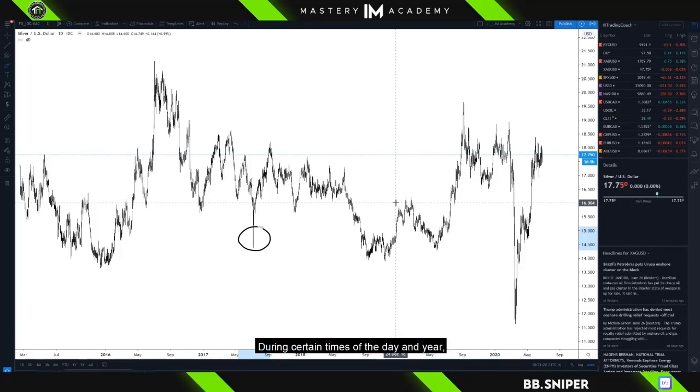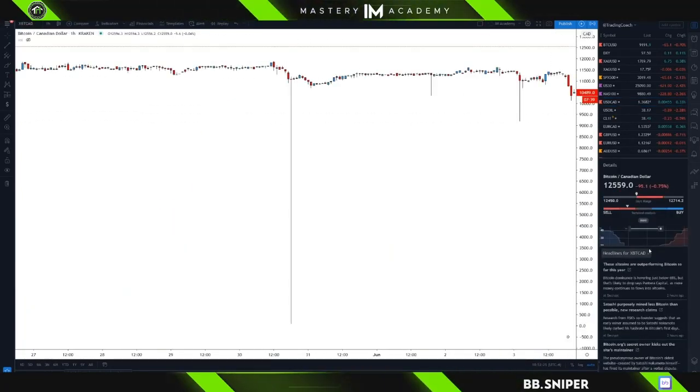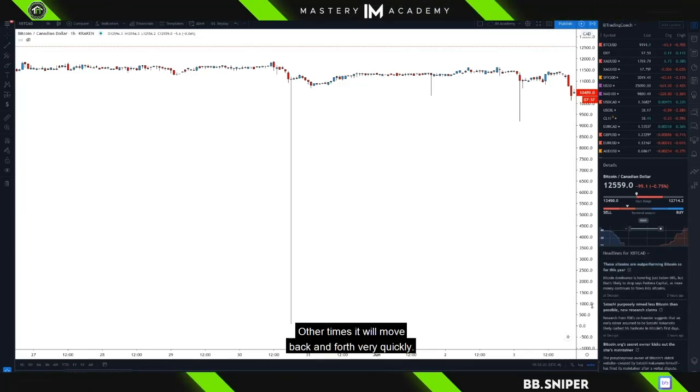During certain times of the day and year, there are going to be lower levels of market participation and less liquidity. Sometimes the market will gap. Other times, it will move back and forth very quickly.